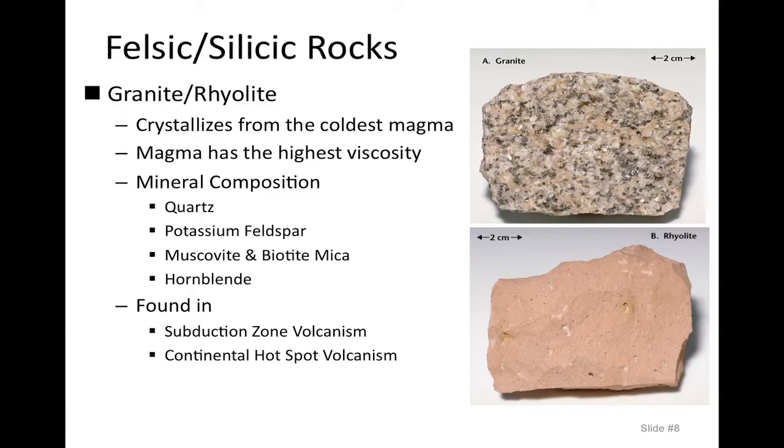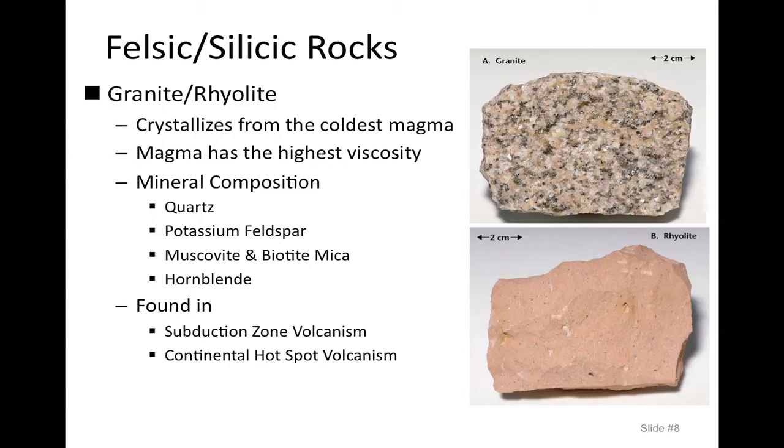This kind of rock acts like a cap. It does make it to the surface. It's a very tough rock and tends to act as a cap to allow pressure to build up inside the volcano. When that pressure exceeds the strength of this particular rock type, it'll cause this rock to explode and then have a violent volcanic eruption as a result.